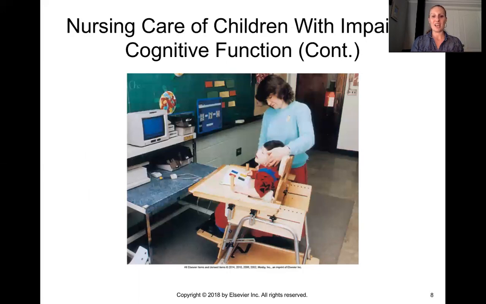This is a good visual of a child who is utilizing a communication device. You can see the colors, and you can also see the computer screen, probably from the 80s, but that's okay. This demonstrates that the child is able to turn that screen on and off with the use of a button that they're able to communicate with.